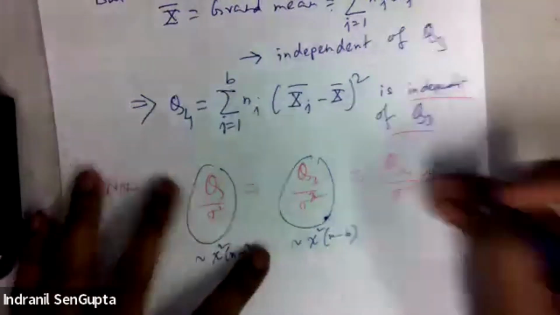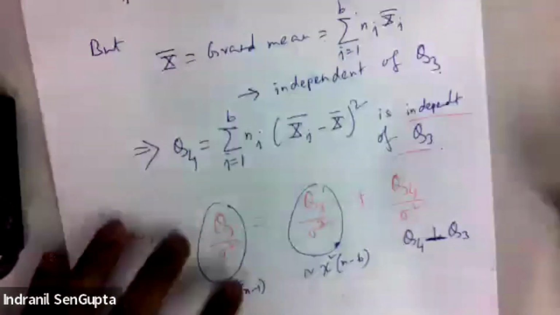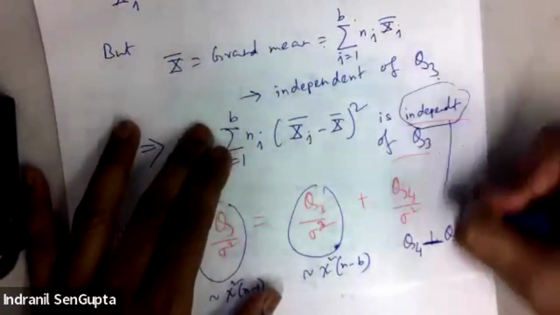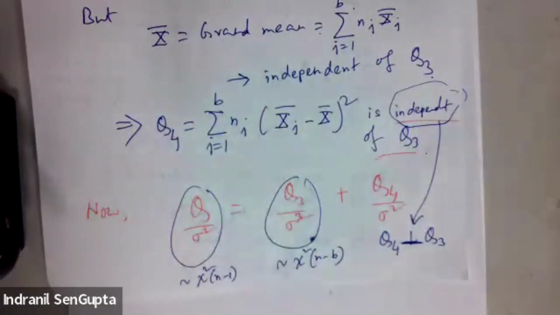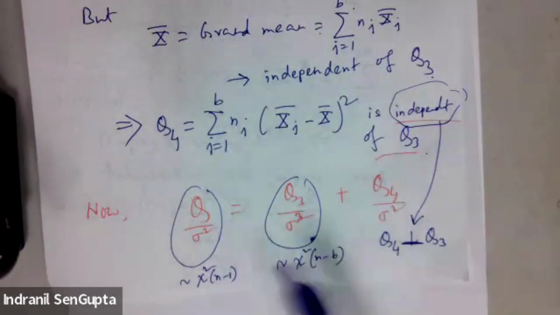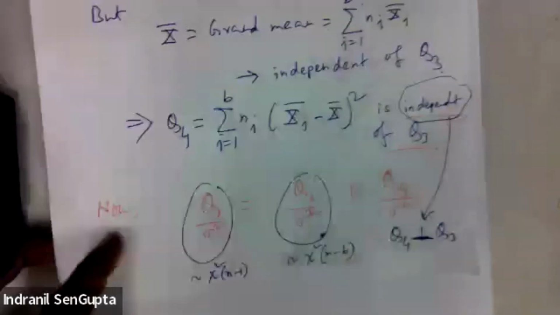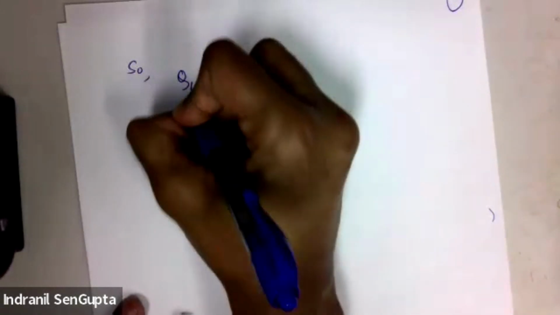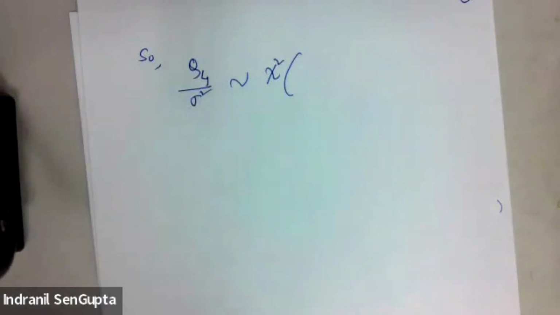And what we know is Q4 and Q3 are independent. That's what we've shown here. That's why we spend so much time on this one. Hence, what does it mean? So this is a sum of two distributions. And then it can be shown, therefore, that Q4 over sigma squared satisfies a chi-squared where the degrees of freedom is the difference between this and this.